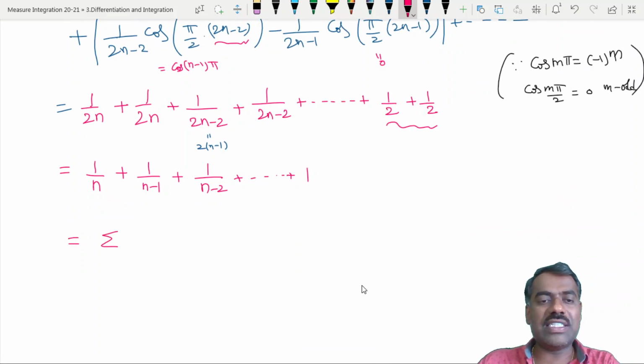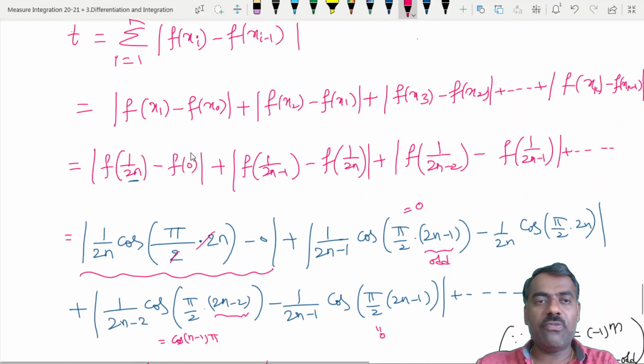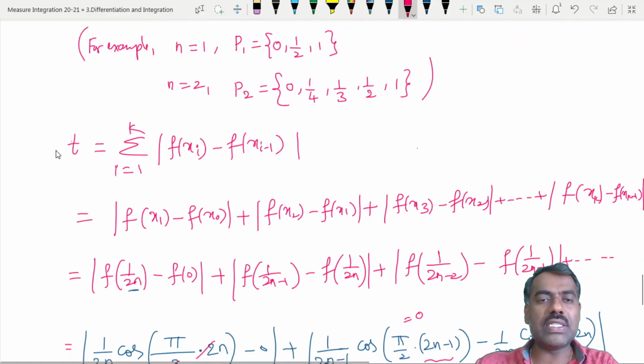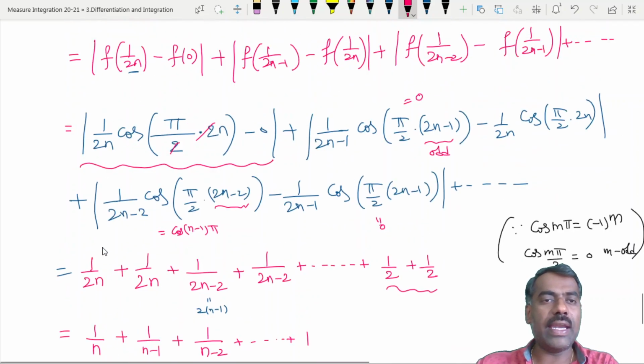So therefore, this is the same as summation of 1 by k, k equal to 1 to n. Is this clear? So for every positive integer n, what we got is this value, the summation of 1 by k, k equal to 1 to n, right?